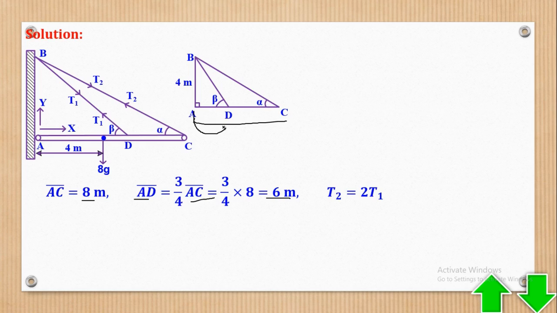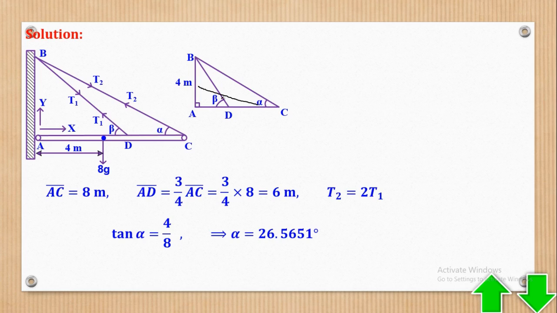Therefore we can use SOHCAHTOA to get the values of alpha and beta, since these are right angled triangles. When I use SOHCAHTOA, tan alpha will be equal to opposite over adjacent. So opposite is 4, adjacent is 8. That is 4 over 8, meaning alpha is 26.5651 degrees.